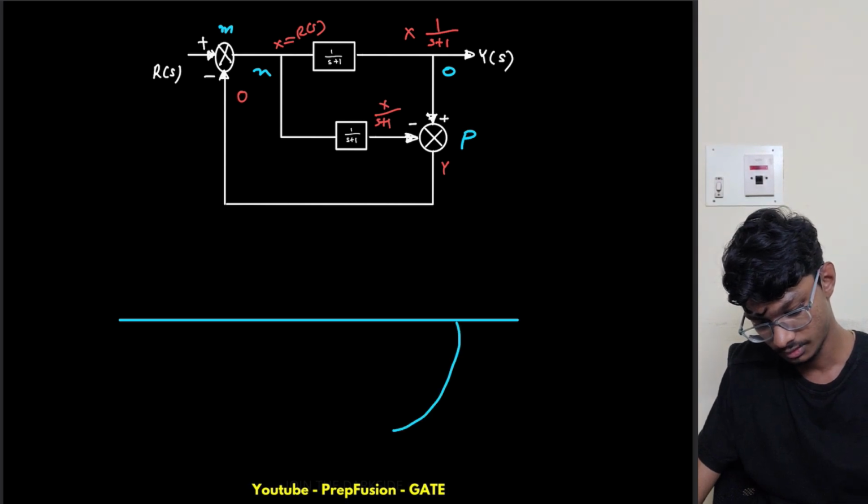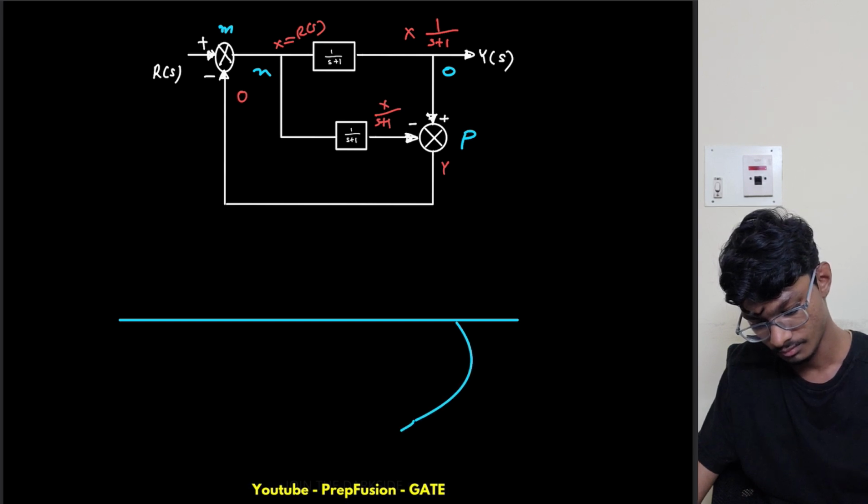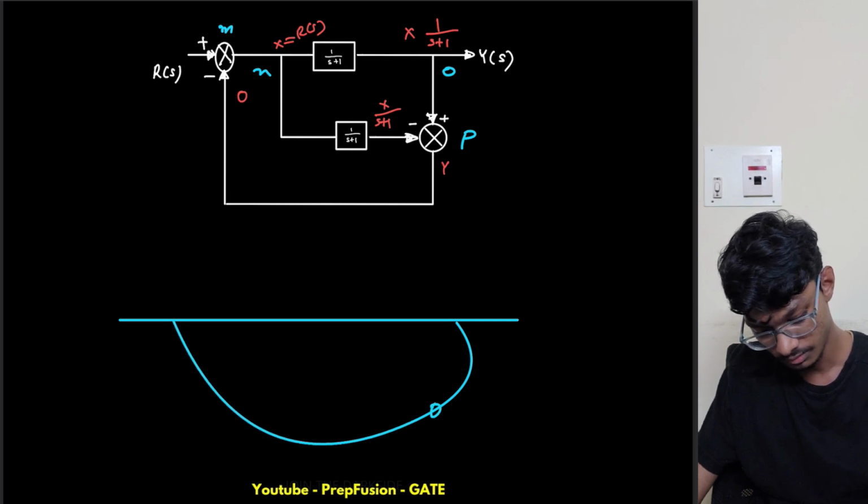So we have one node here, and we have another node here. So this is one node, this is one node, this is one node, and this is one node.